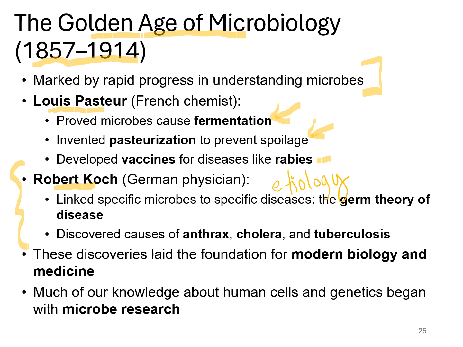For example, he discovered that a specific bacterium called Bacillus anthracis causes anthrax. A specific bacterium called Vibrio cholerae causes cholera. And Mycobacterium tuberculosis is the bacterium that causes tuberculosis. So very specific microbes cause these specific diseases, and that is known as the germ theory of disease.